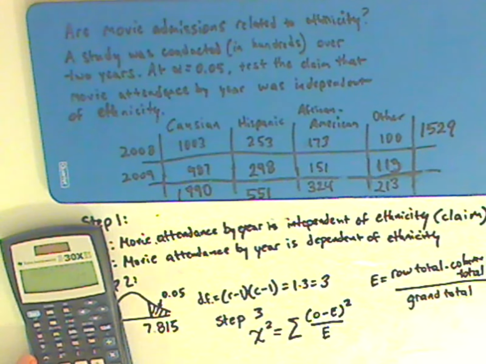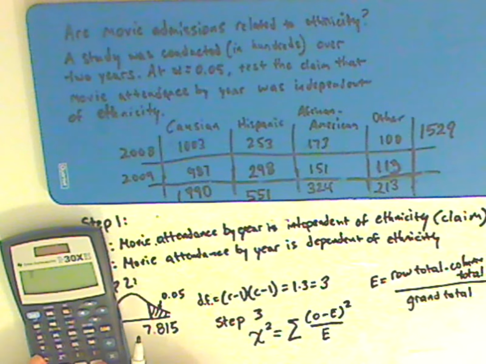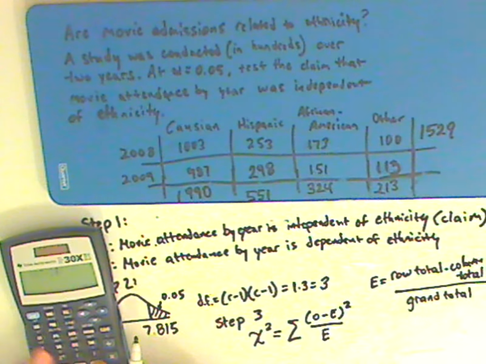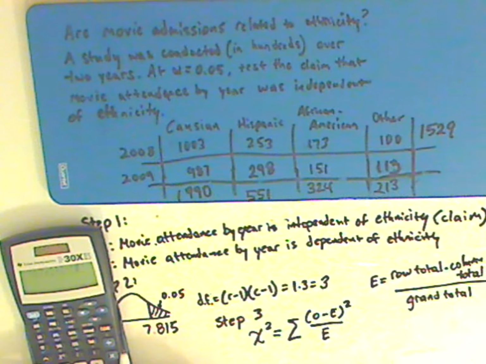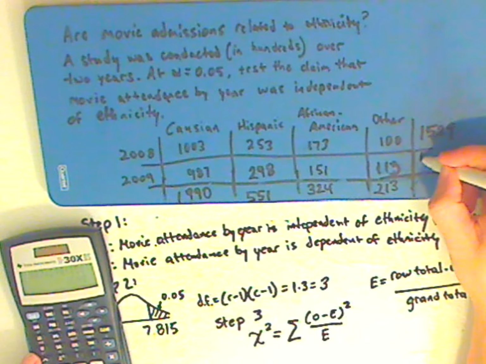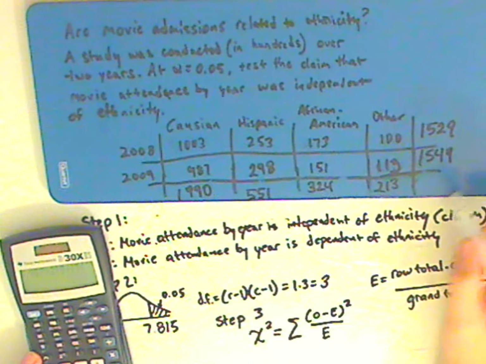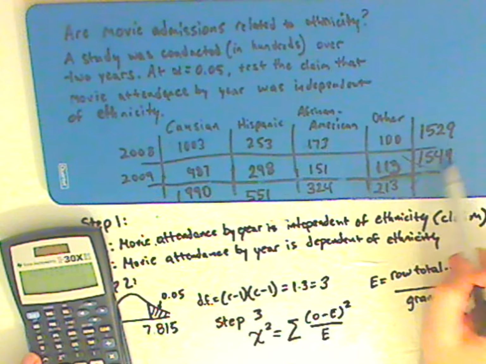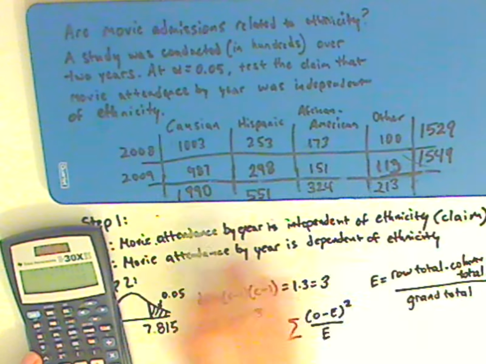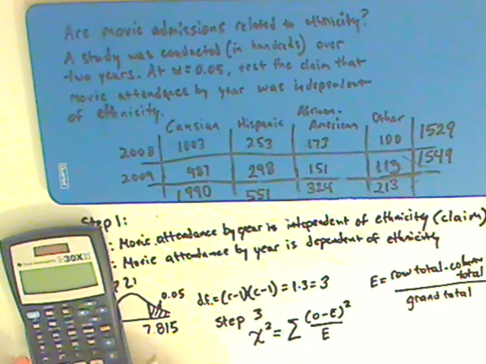And then I have to add those for 2019, which would be 987 plus 298 plus 151 plus 113 equals 1549. Now let me calculate this. They should be both the same. That's a way to check yourself.